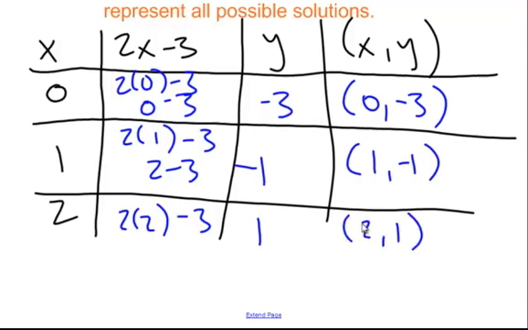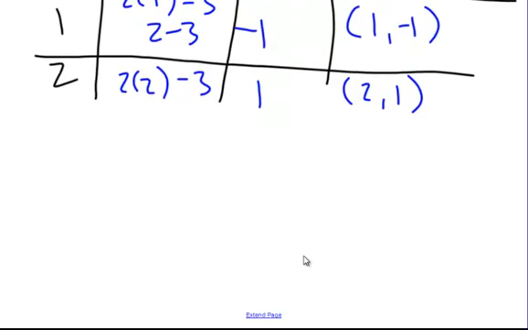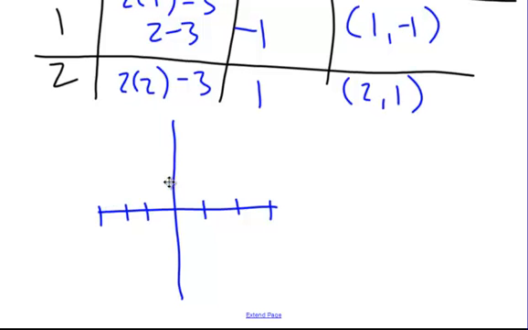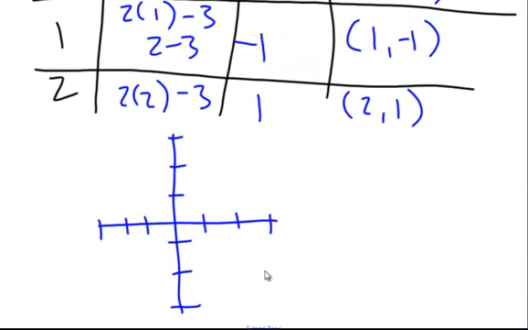So I'm going to graph these. So I have my coordinate plane here that I'm going to make myself. I'm just going to do 3 this time, so I think that's all I need. Okay.